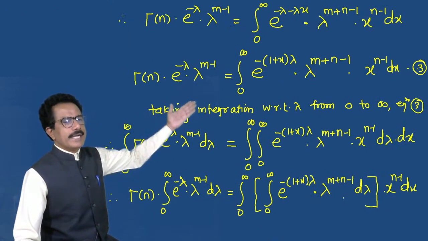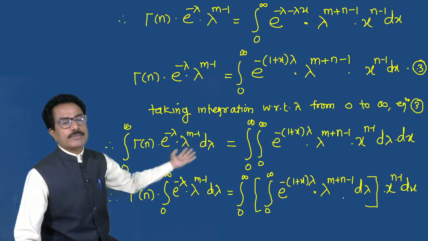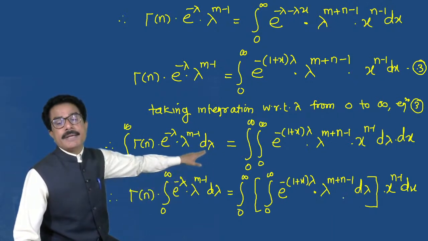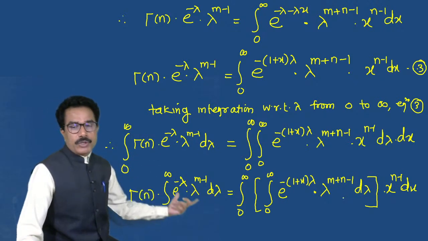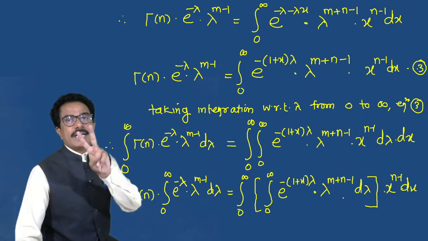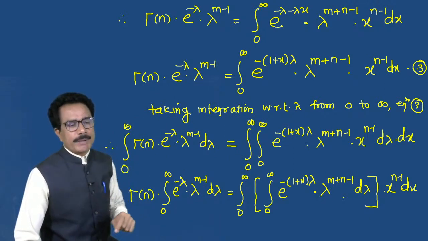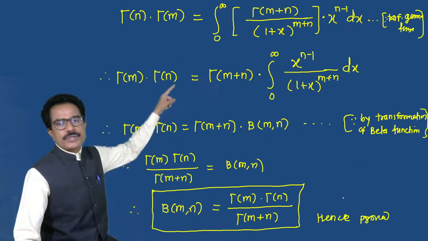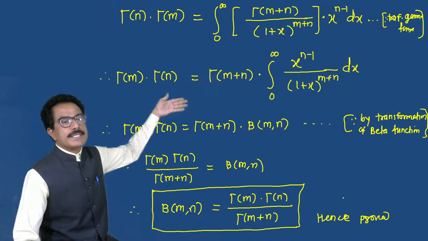Then we can write this again, taking the integration with respect to x from 0 to infinity on both sides. On the right side there are two integrals, a double integral in which one is with respect to lambda. So first of all solve that integral, which gives the result gamma of m plus n divided by 1 plus x raised to m plus n according to the transformation of gamma function.